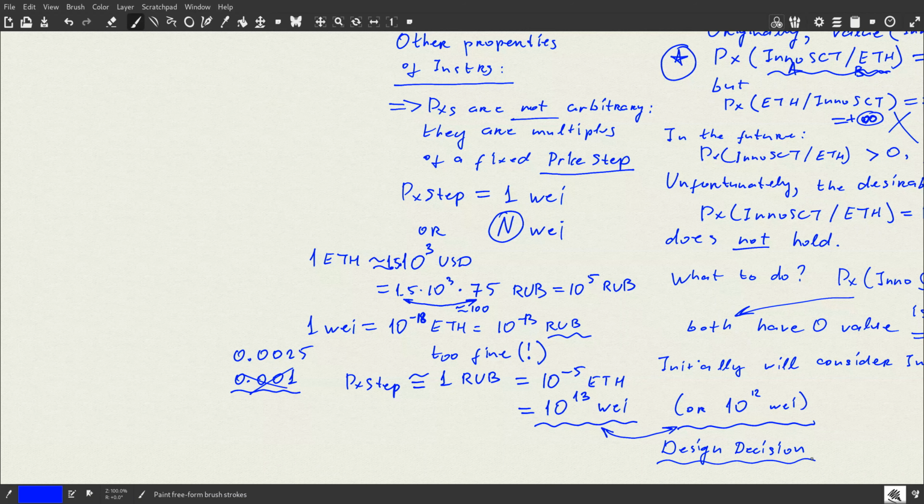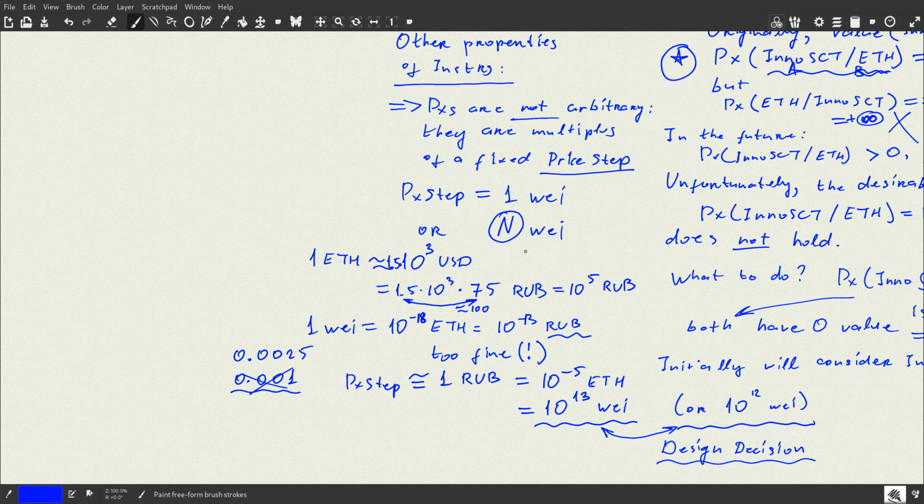Or alternatively, you can avoid specifying any price step at all. And in that case, you would still have the minimum price step being equal to one wei, because it needs to be obviously a whole number of wei anyway.